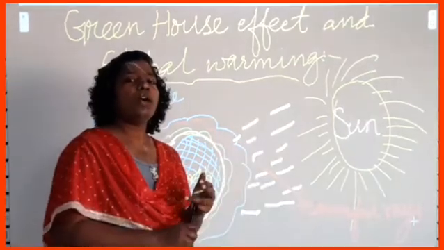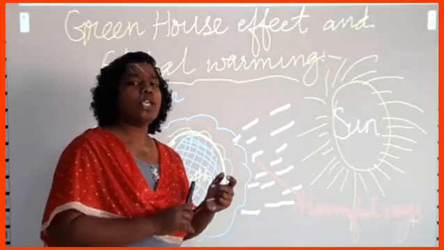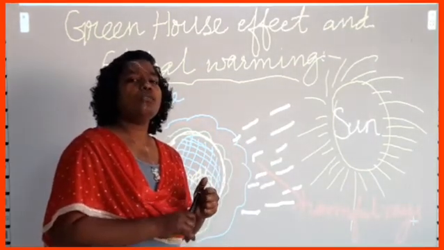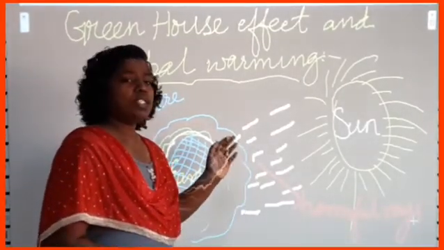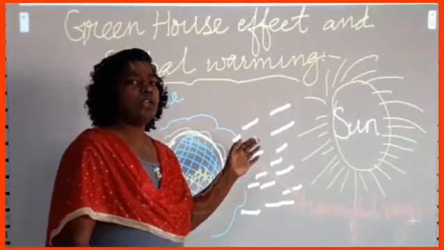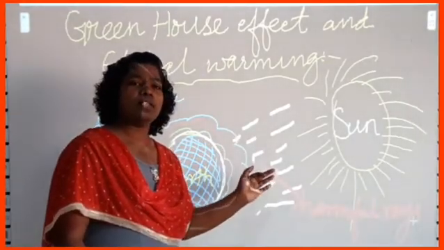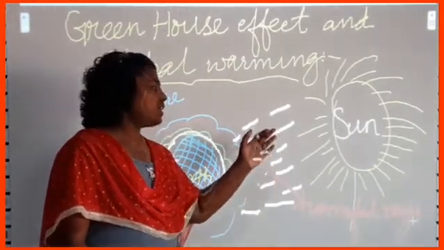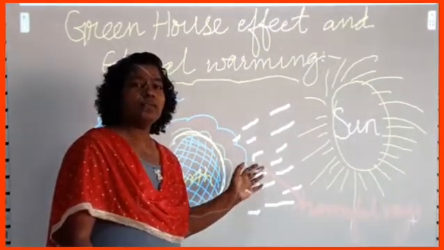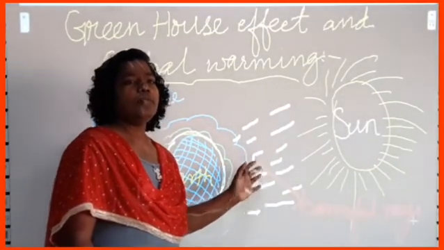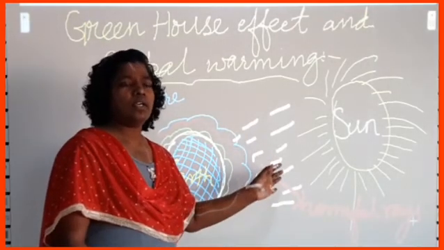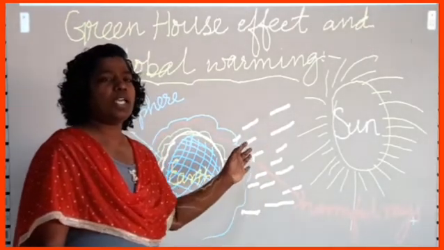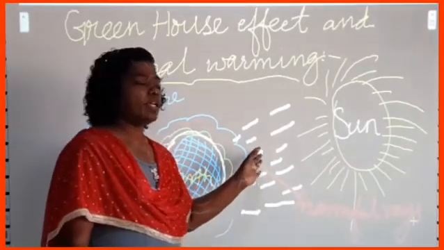It is carbon dioxide, nitrous oxide, methane, chlorofluorocarbon and water vapor. These are called greenhouse gases. Why do we call them greenhouse gases? Because these greenhouse gases protect the earth from the harmful rays of the sun.